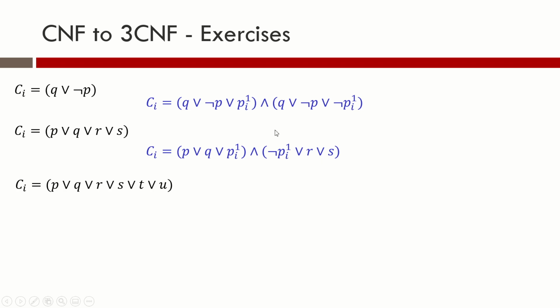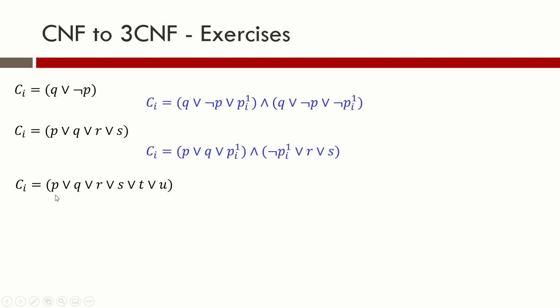Now we will see another example. Here our clause is P or Q or R or S or T or U. The number of literals here is 6, so the Ni value is 6. The number of new atoms that need to be added will be Ni minus 3, that is 6 minus 3. We will add 3 new atoms: Pi1, Pi2 and Pi3.